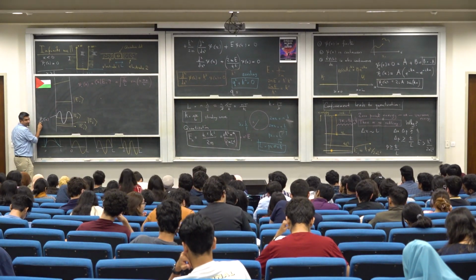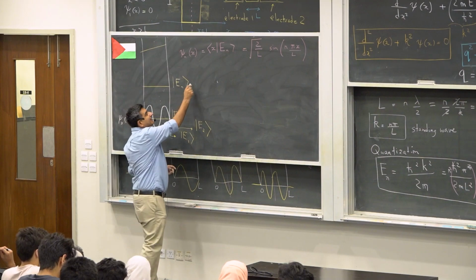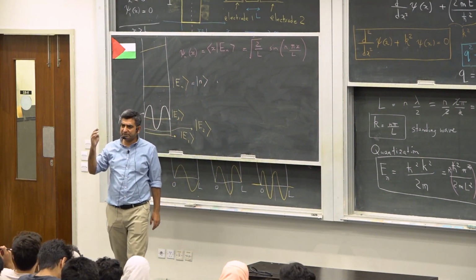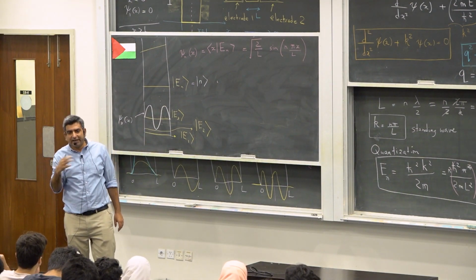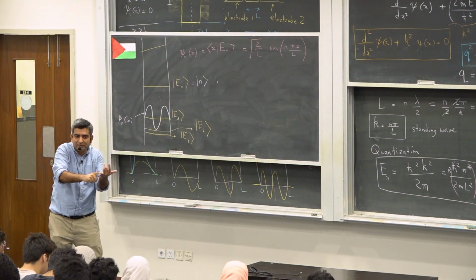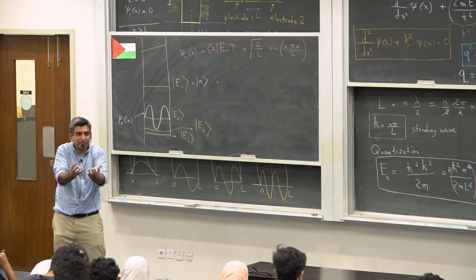N is now 3. By the way, I can also label these kets as simply ket n, because n just labels everything. N just tells me everything about the state. It tells me the energy. It tells me the wave function. N is everything. N is the quantum number.